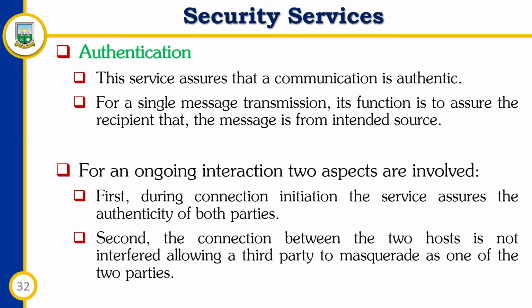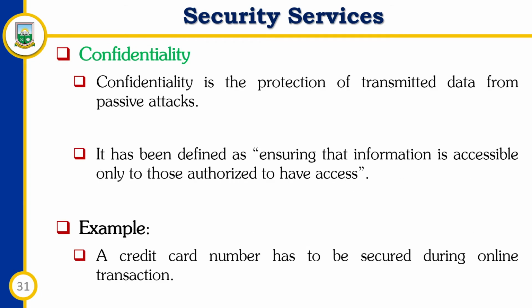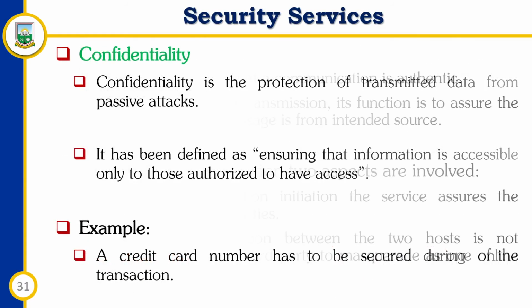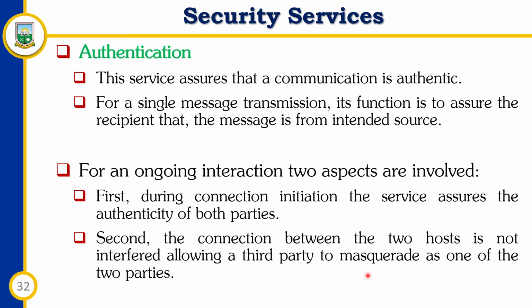For a single message transmission, its function is to assure the recipient that the message is from the intended source. Looking at this type of attack here, fabrication, you can see the information was not sent by the intended sender. So authentication assures the recipient that the message is from the intended person. For an ongoing interaction between two parties, this is what goes on.